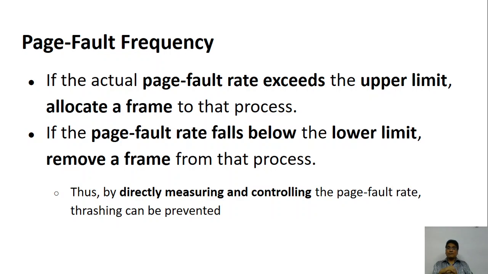Here we don't guarantee that there won't be any page faults, but if the page fault rate exceeds the limit, you give more. Those who need, you give them; those who don't need, you take from them. Simple. Whenever a process is in need of pages and generates a page fault, you give it new extra frames. And when it is very quiet, not demanding anything, you take back the frames from it. So this is the idea that is being used.